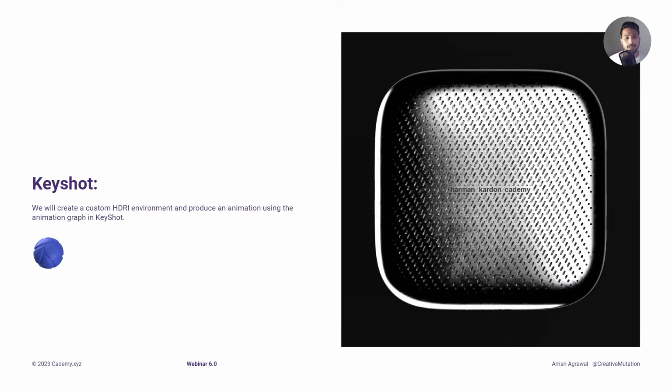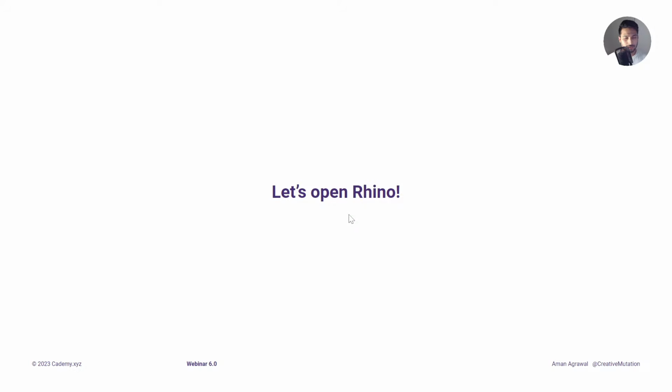And finally we will export it to Keyshot, where we will learn how to create this render, on a black background in a dark environment, with a metallic material, and we will learn how to apply an animation to that environment.